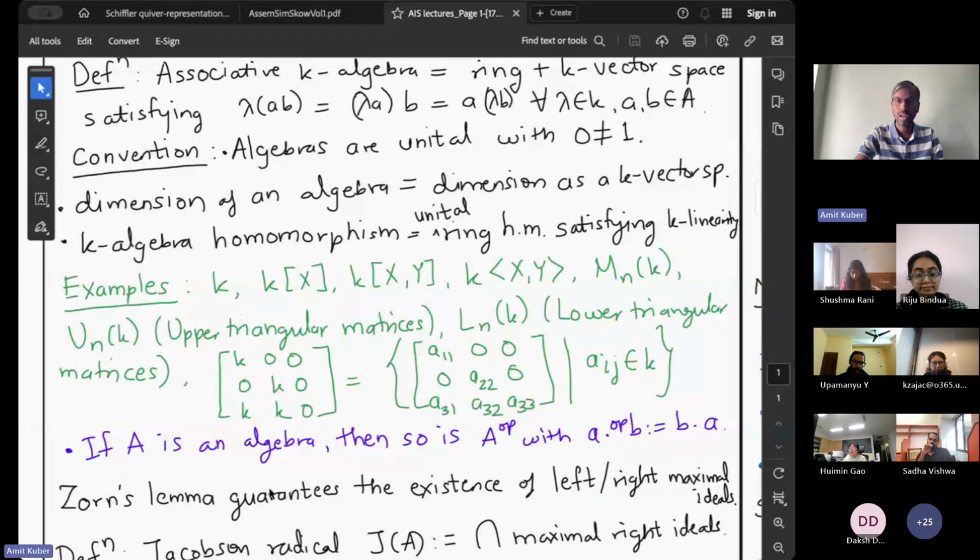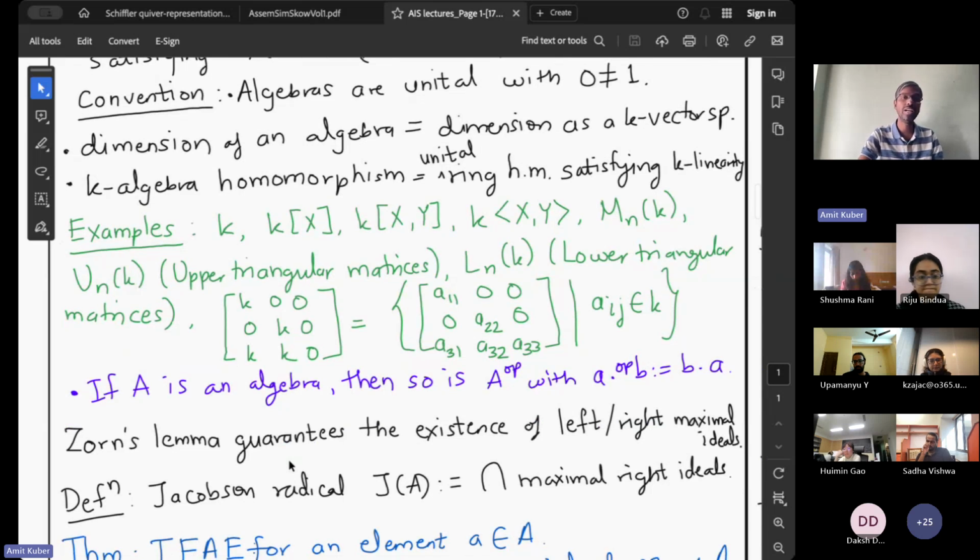Okay. Now, just like rings, we also have for algebras this opposite multiplication operation. So if A is an algebra, then we can take the opposite algebra, where A multiplied by B in the opposite algebra is just B dot A. Something simple. If it is commutative, then it doesn't matter, but for non-commutative, it does matter a lot.